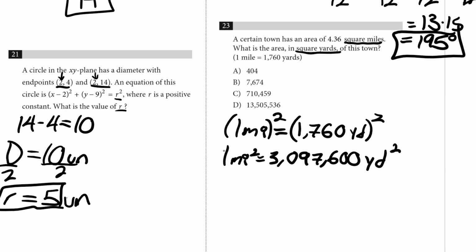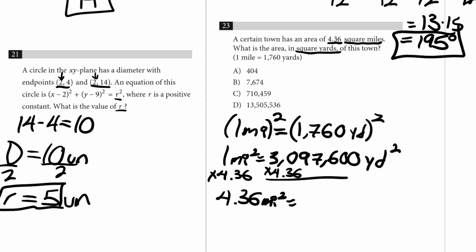In order to turn the 1 mile into 4.36 square miles, we're going to multiply by 4.36 to give us 4.36 miles squared, and we're going to do the same thing to the 3,097,600. So this value times 4.36 gives us 13,505,536 yards squared, which is D.